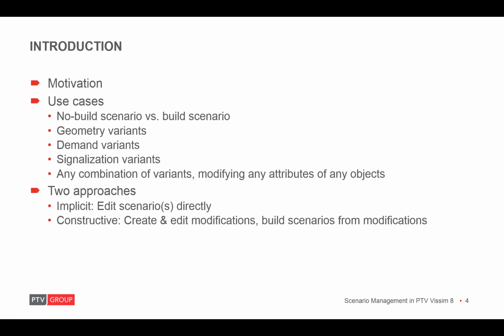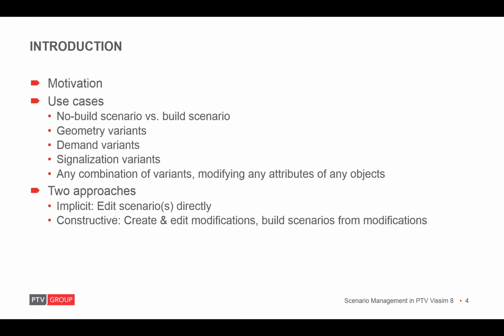So the typical use cases are, obviously, the no-build scenario versus the build scenario. That is something you have in most projects. It can be geometry variants, so the junction layout, say an intersection or a roundabout.